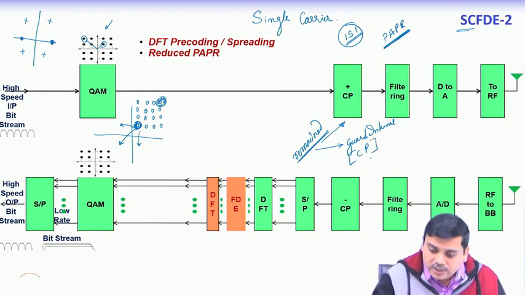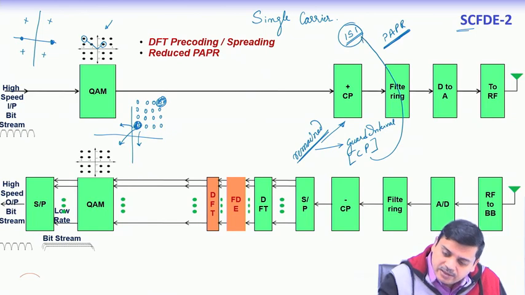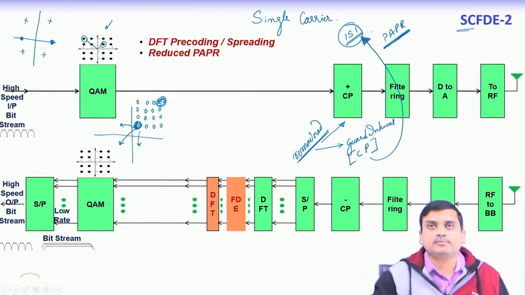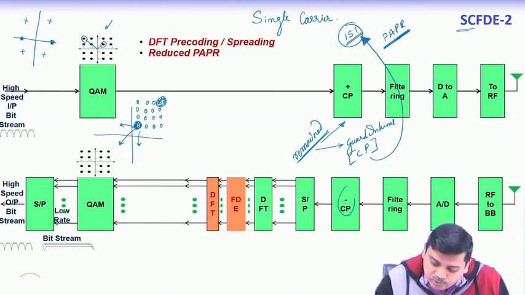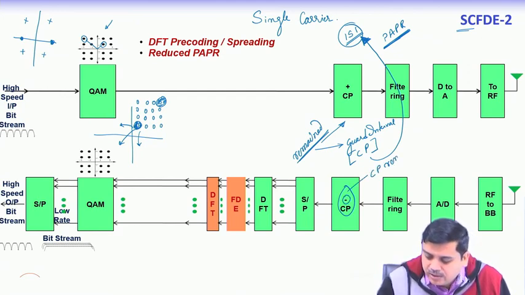So, what does this do? This helps prevent the ISI being manifested at the receiver, right, because the receiver does a CP removal. So, this particular part is CP, the negative sign over here indicates a CP removal.